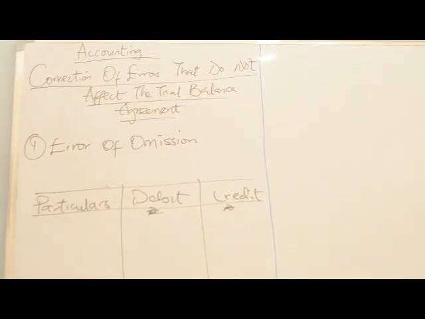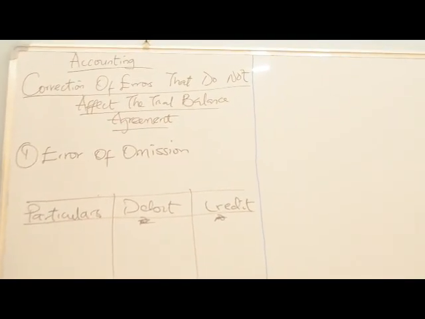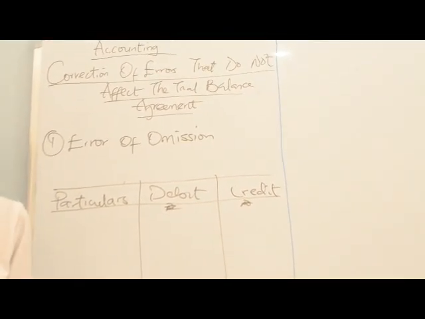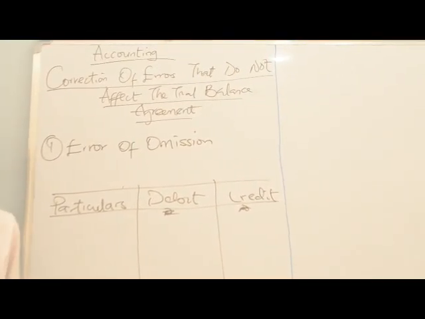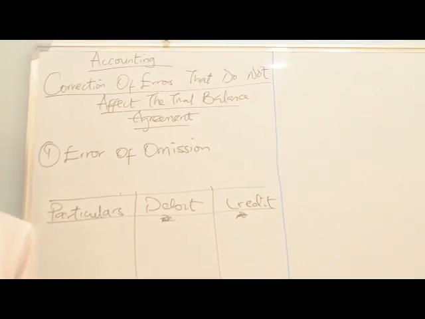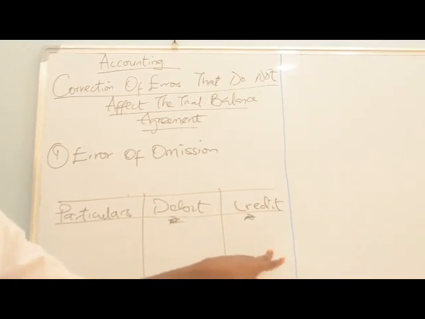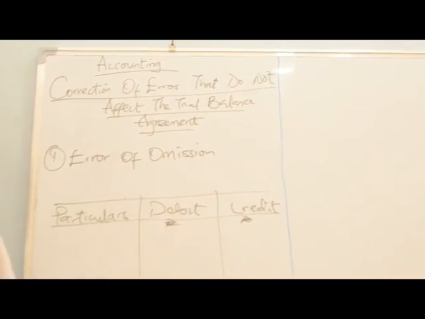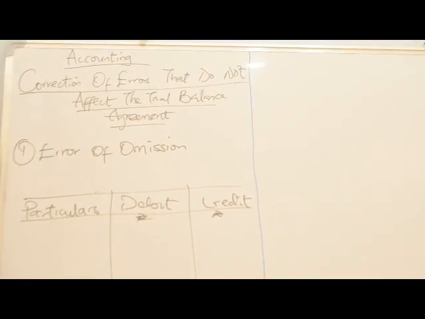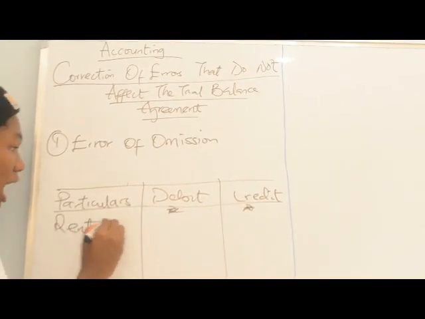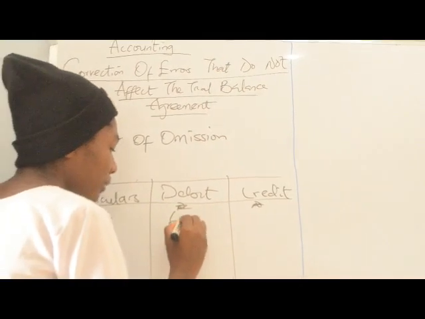Now, like I said, the error we are trying to correct here is an error of omission of payment of rent of 16 naira cash. Now, if we analyze that statement clearly, it means cash was going out, right? So that means cash will be credited, all right? And then our rent will be debited because it's an expenses account, okay? So what we really do is just to enter our rent 16 naira, all right?